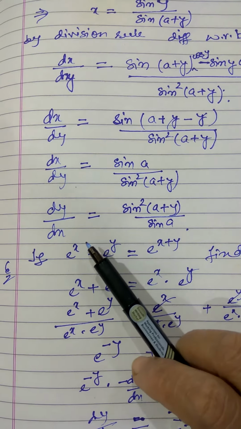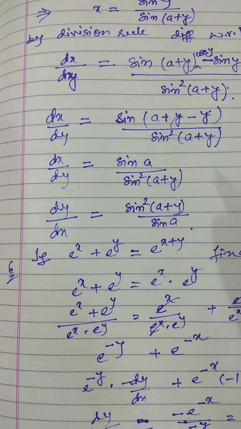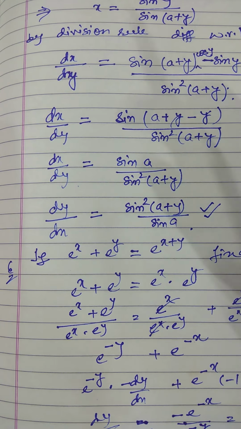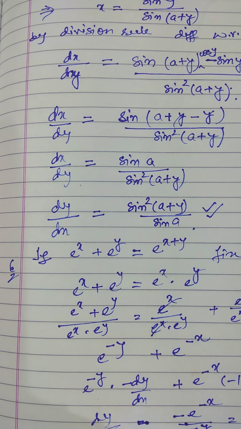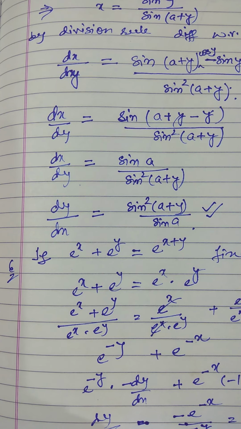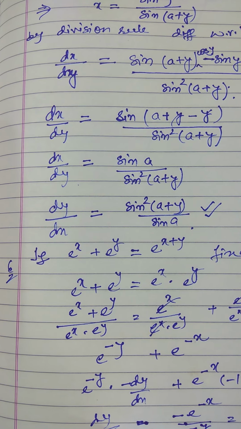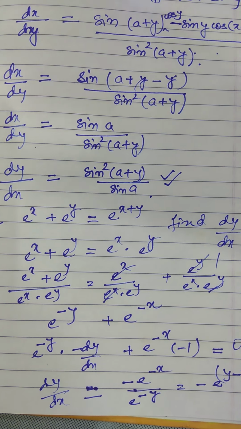This is dy/dx = sin²(a + y) / sin a. So you have proved it. In this question, if you had started directly, it was a difficult, complicated question. But if you separate this, you find dx/dy, it becomes very easy. Just apply the division rule.